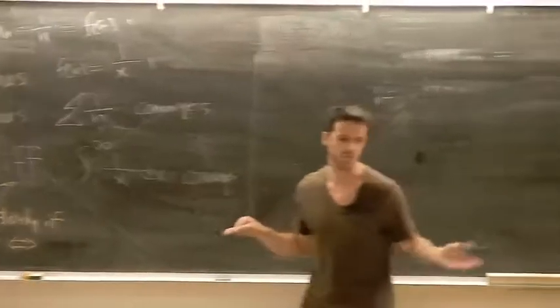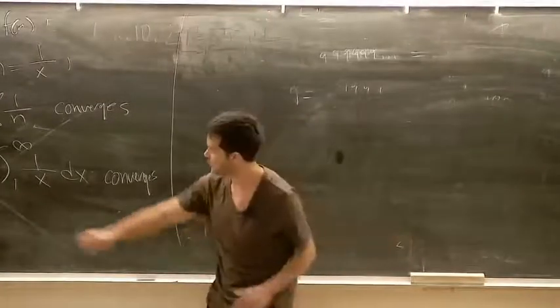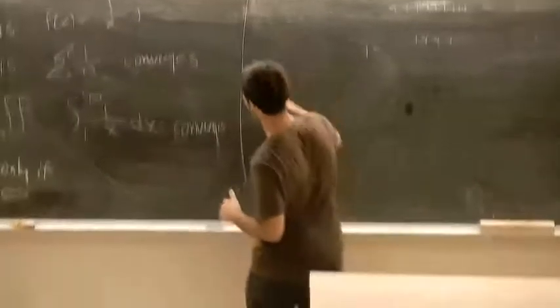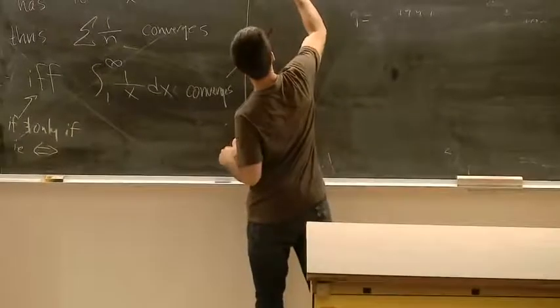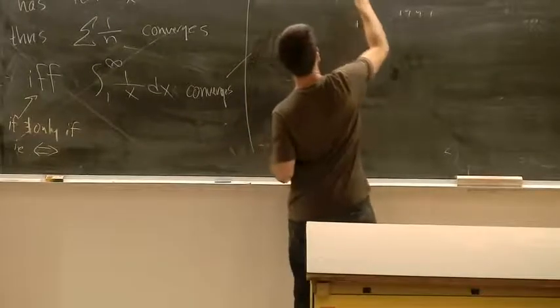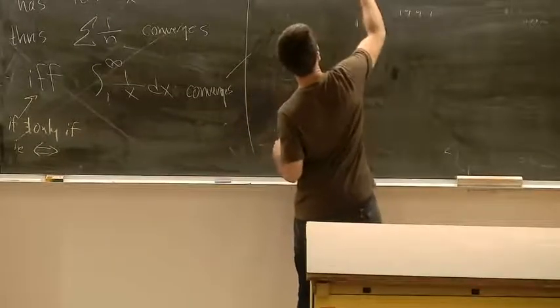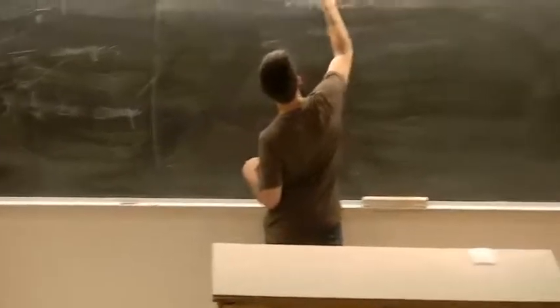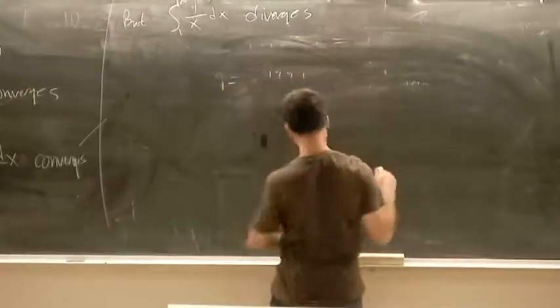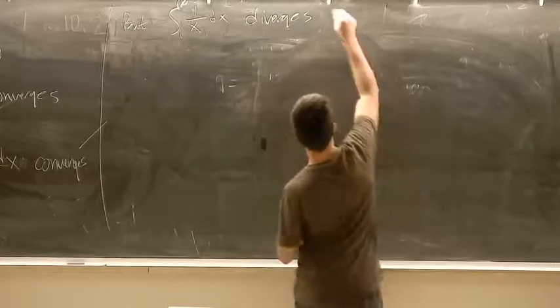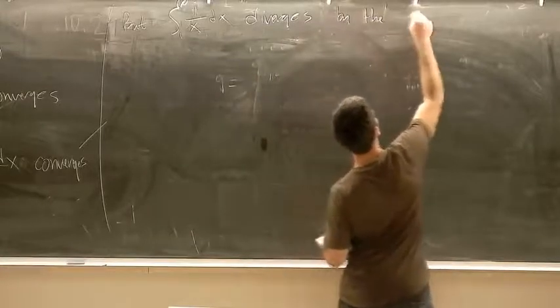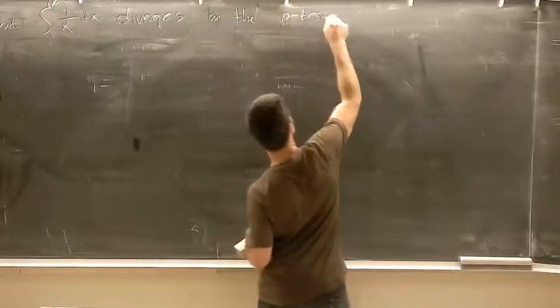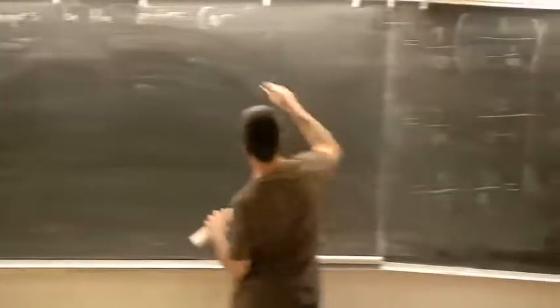Anyway, we already know what happens with this integral. We could apply the p-test, for example, and we know that this diverges. But yeah, the integral from 1 to infinity of 1 over x diverges by the p-test, or you could just integrate it.